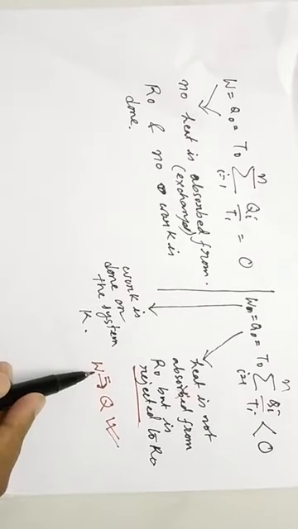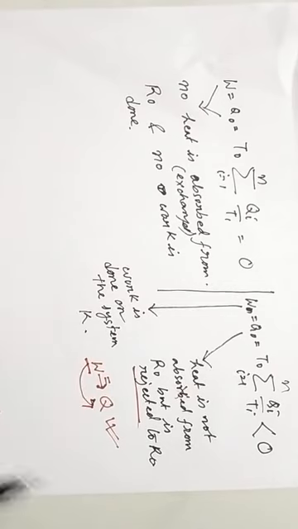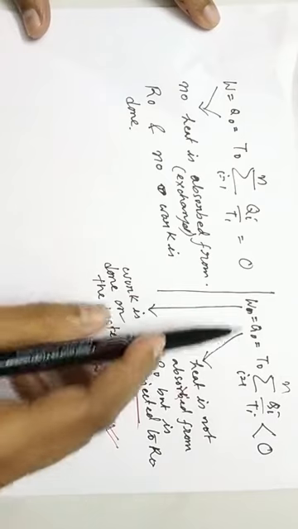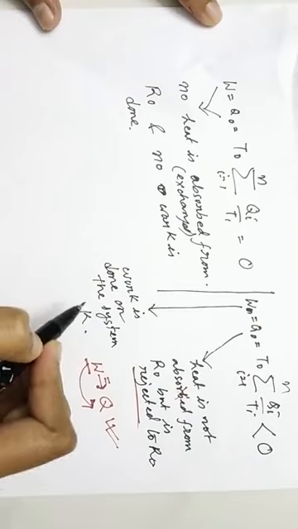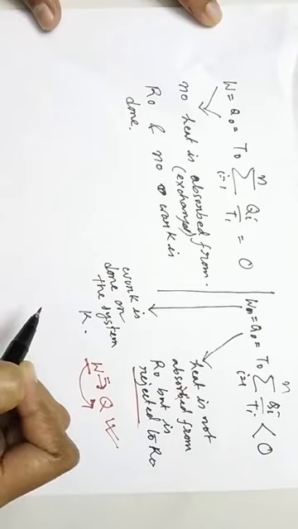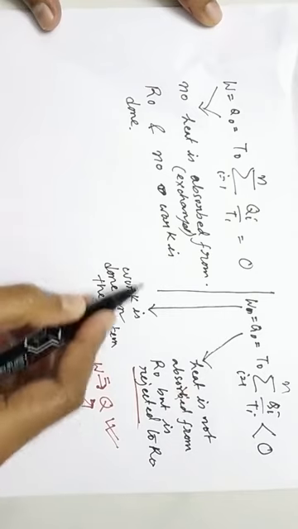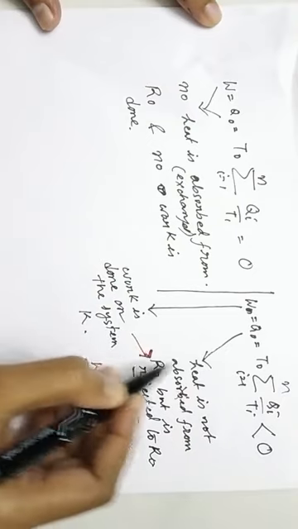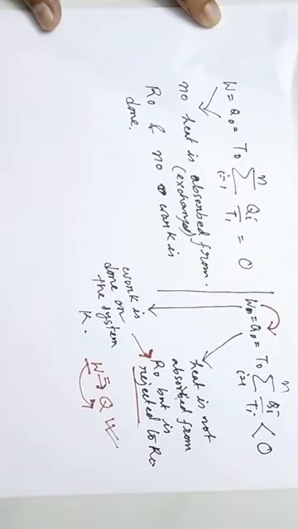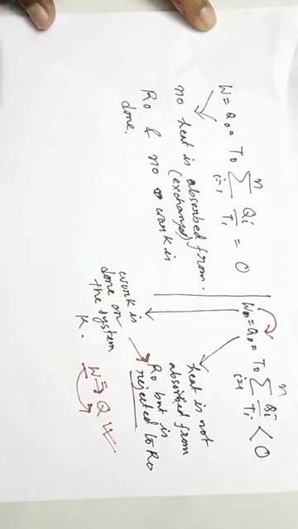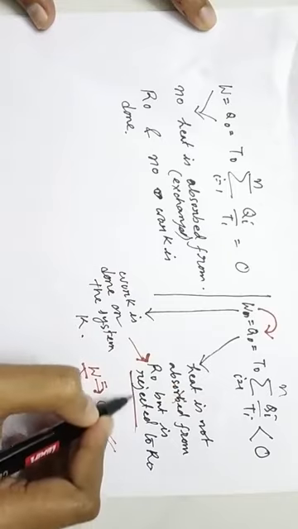So W negative means that we do not get any output work, but work is done on this system. Work input is given to the system. Some mechanical energy is supplied to the system K, and that amount of work energy is converted to Q0 amount of heat energy, which is now rejected to R0.